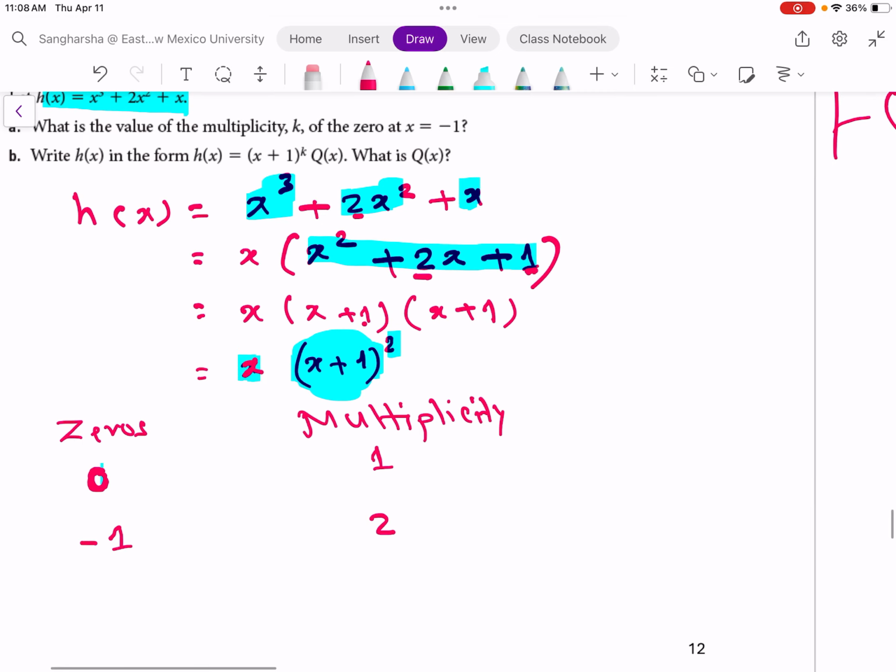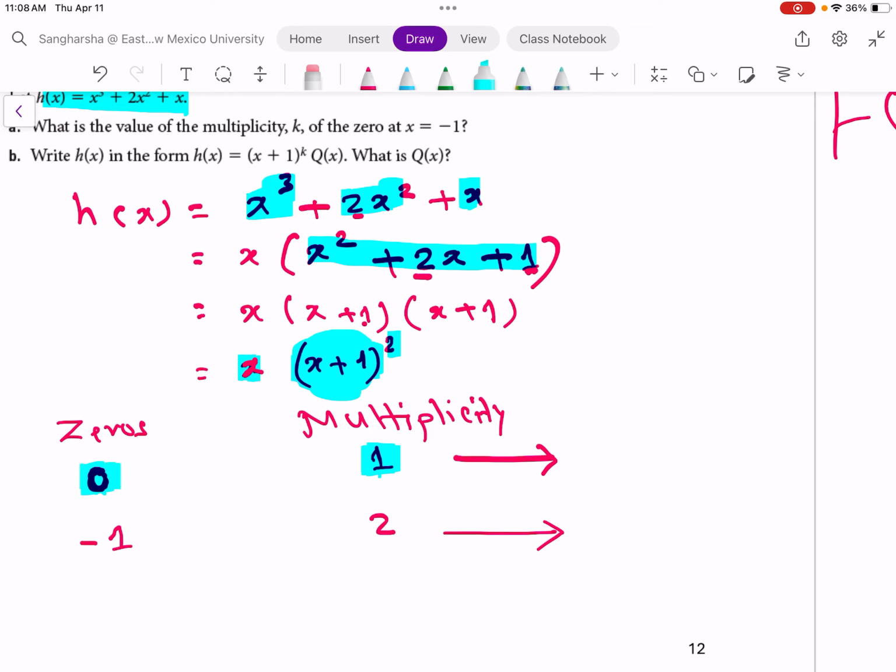Now what does it mean to have an odd multiplicity or an even multiplicity? What can we tell about the graph at 0? Zeros are the x values, and we have an odd multiplicity at x equals 0.